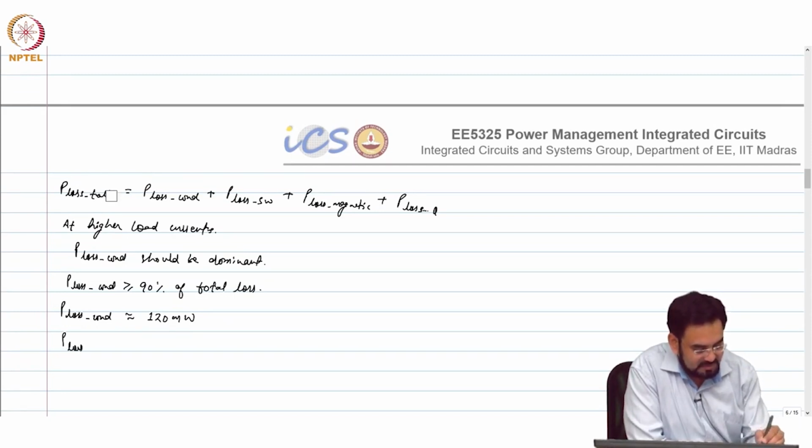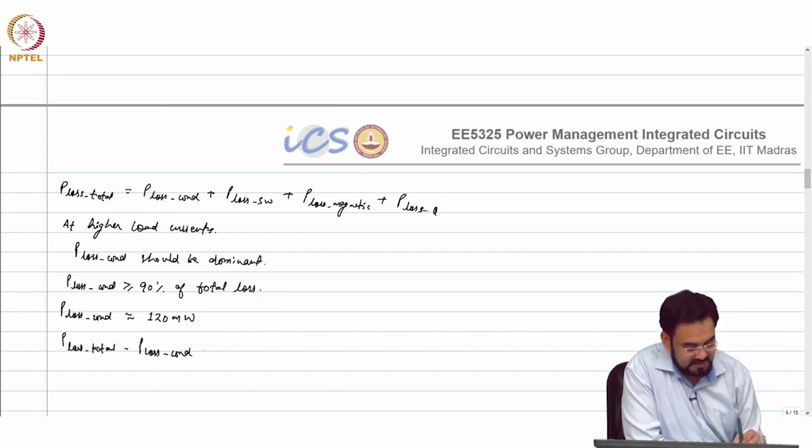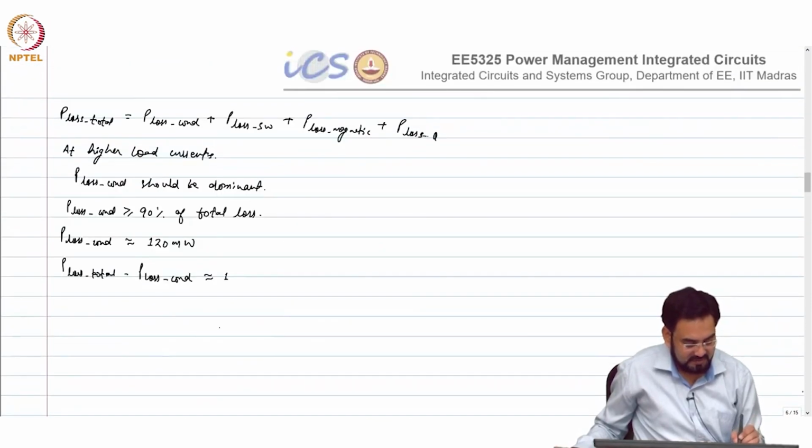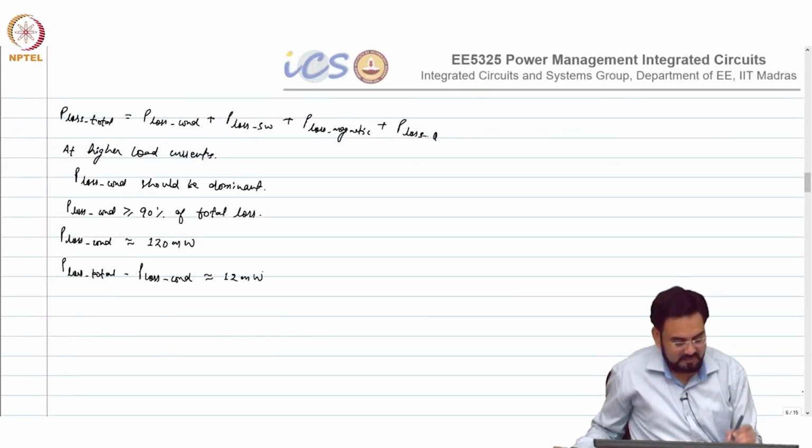P loss minus P loss conduction is approximately 12 milliwatt.